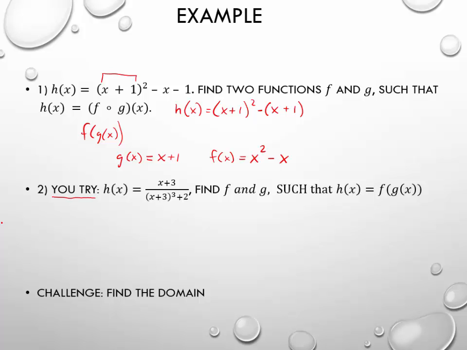Sounds like we're done. Colin, what'd you get? F of x, I got x plus 3. So you got f of x equals x plus 3? No, because... What did you put for g of x? X over x squared plus 2.